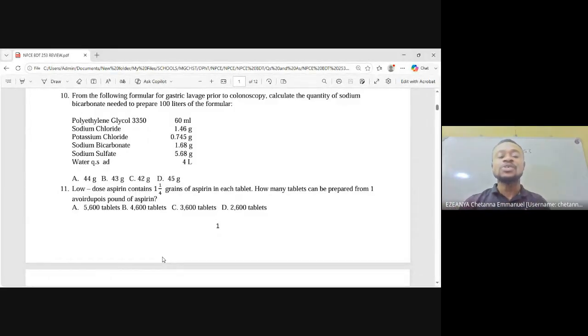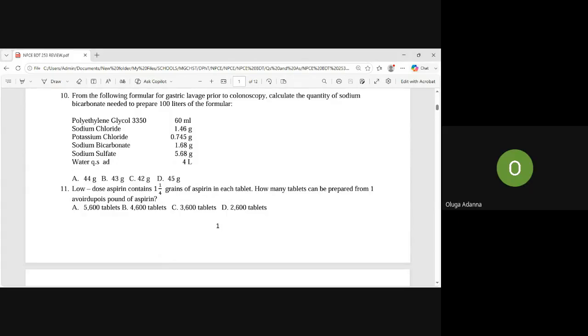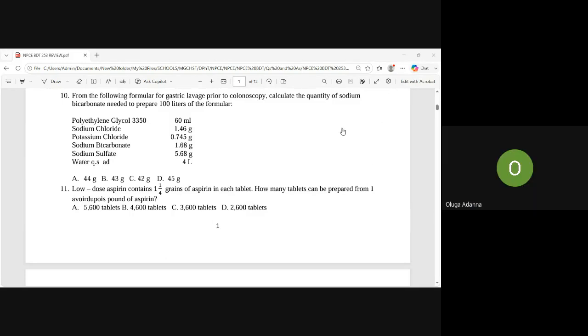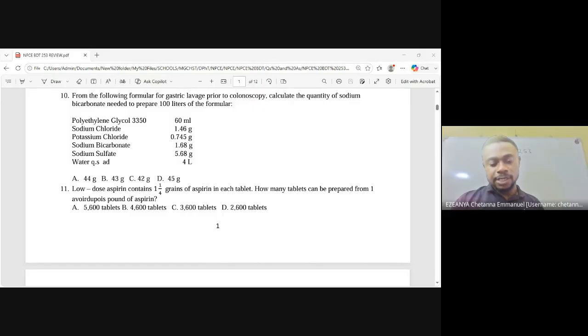Are we supposed to reduce this formula or enlarge the formula? Reduce. Check well. Look at the formula. The amount of product the formula will produce is 4 liters, because water is QS to 4 liters.